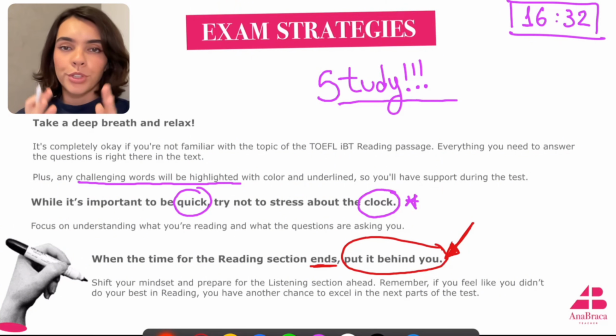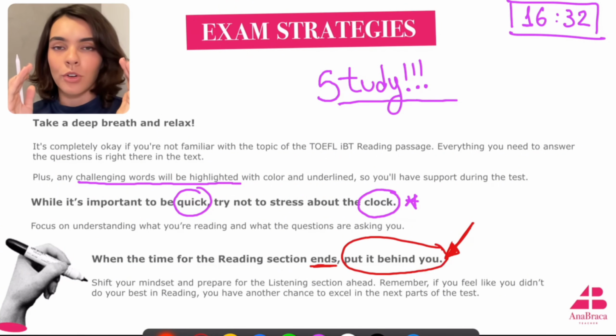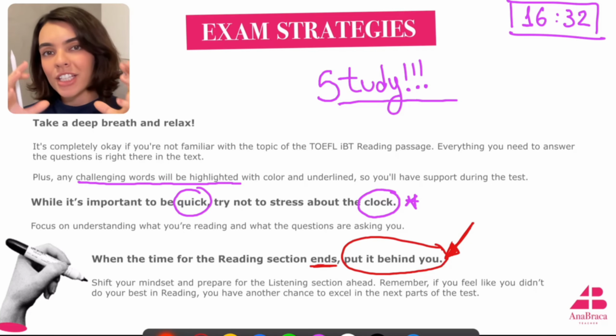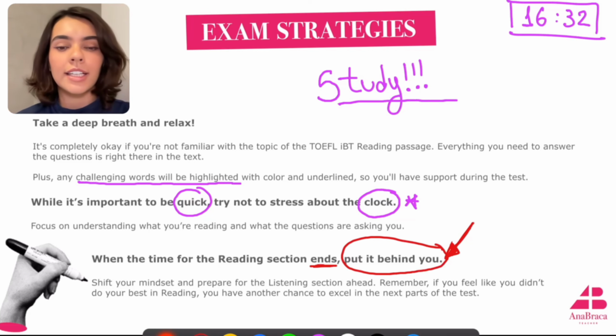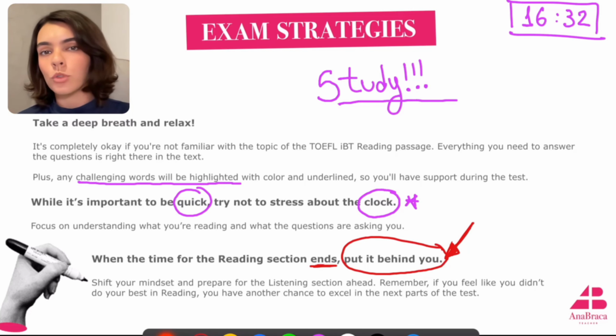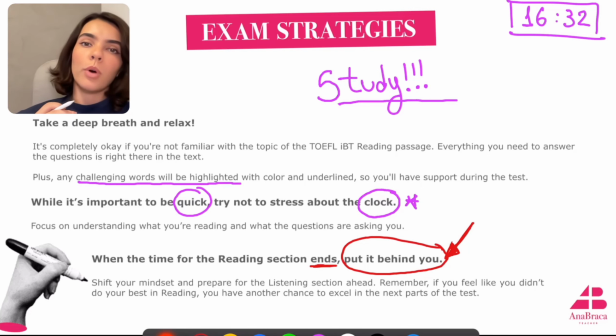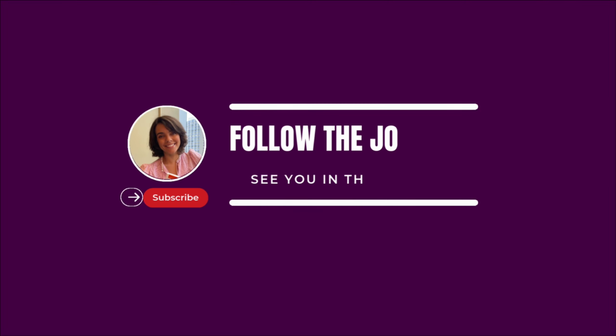So it's very important for you guys to compartmentalize each part of the test. Okay? Shift your mindset and prepare for the listening section that comes ahead of you. And remember that you can always compensate grades. So if you don't do very well in one part, you can compensate by going very well in the next part.